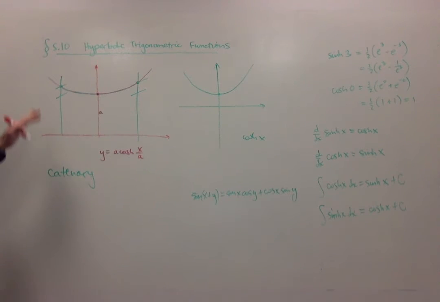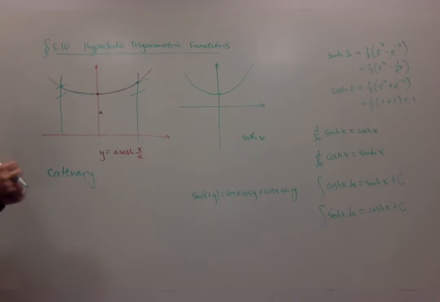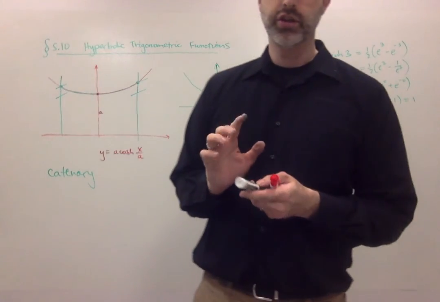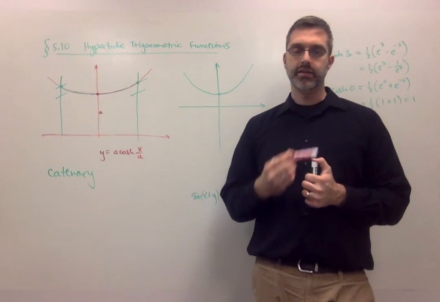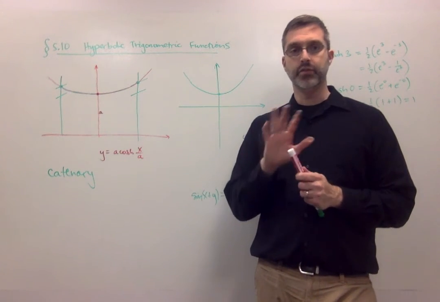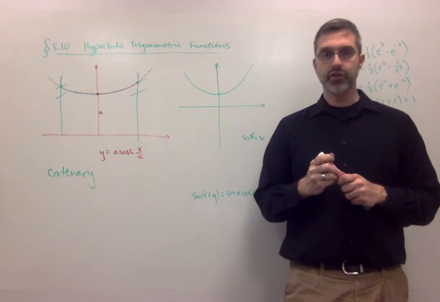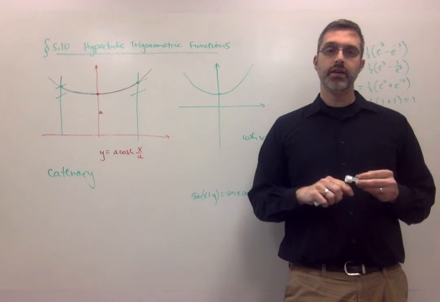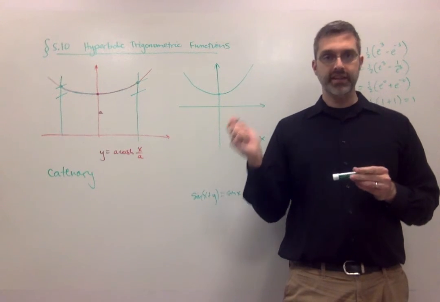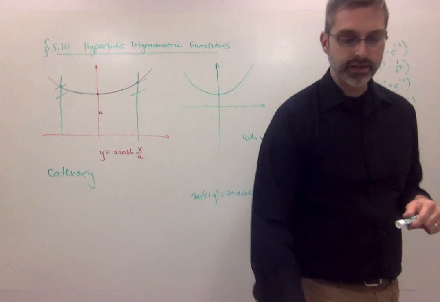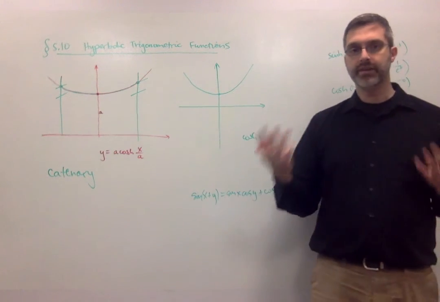Right, so a catenary is actually determined by a hyperbolic trig function, hyperbolic cosine. Hyperbolic sines and cosines also show up a lot when you're dealing with differential equations. So this is the tie-in to sections 5.6 and 5.7. We're not going to get into those. But if you take further courses that start talking more about differential equations, these functions, hyperbolic sine and hyperbolic cosine, will end up coming up a fair amount.